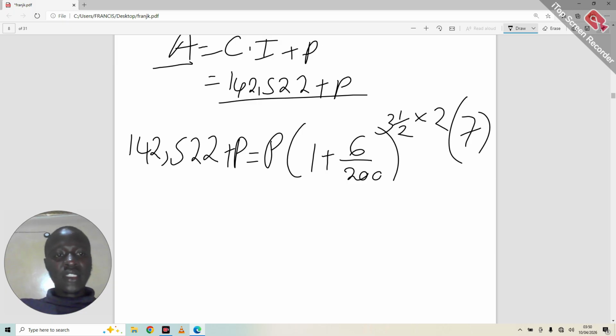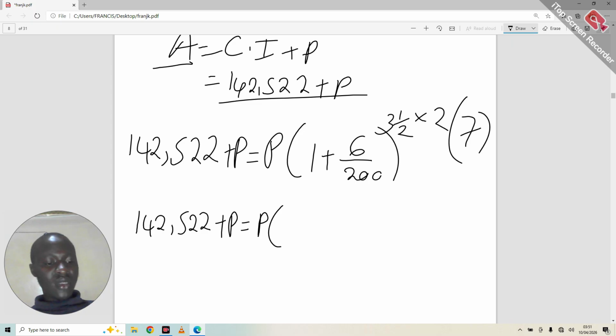So let's continue. So we shall have 142,522 plus P equals to P into, now let's work out the sum in the bracket. 1 plus 6 all over 200.